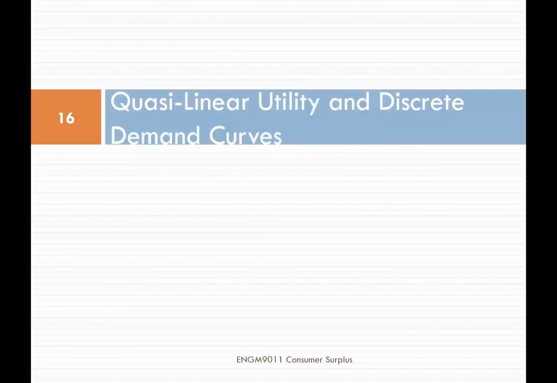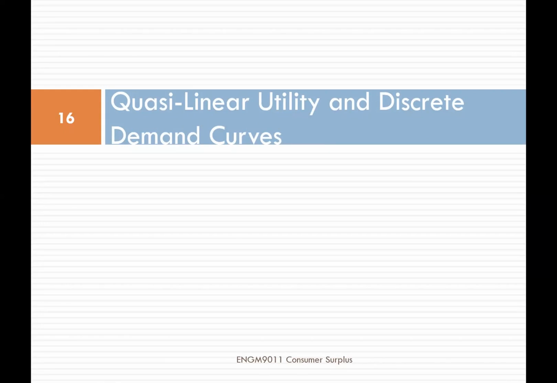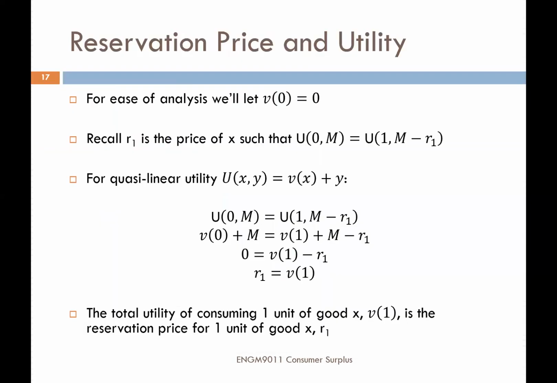All right, so now what we want to do is put these two together and derive our measure of the net benefit to consumers, what we call net consumer surplus. Now, to ease analysis, we're going to let the utility of consuming 0 units of X be 0.